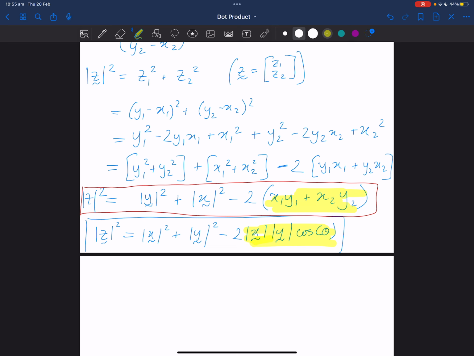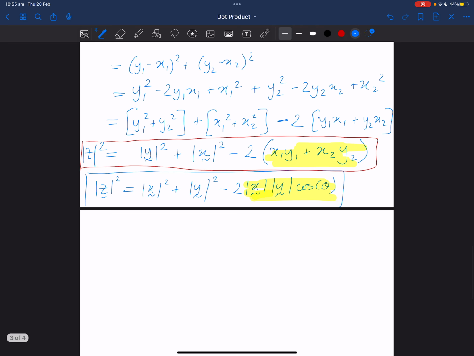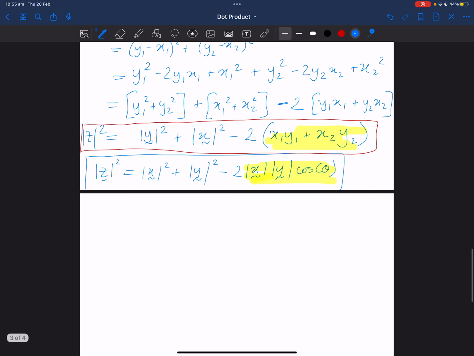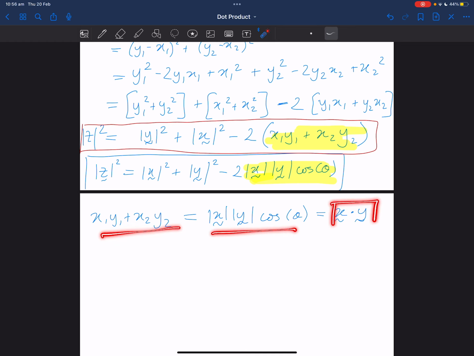So specifically, it tells us that this weird expression x1 y1 plus x2 y2 is actually just equal to the modulus of x times the modulus of y times cos theta. And so it doesn't matter which way you define it, both of these are the same, and so both are the dot product of x and y.